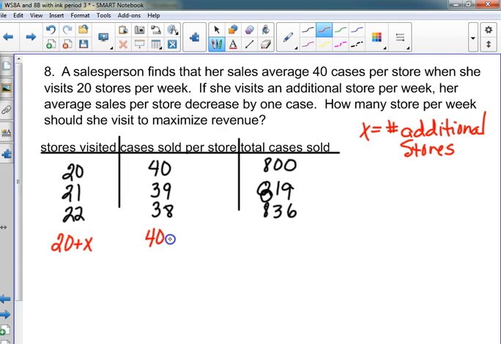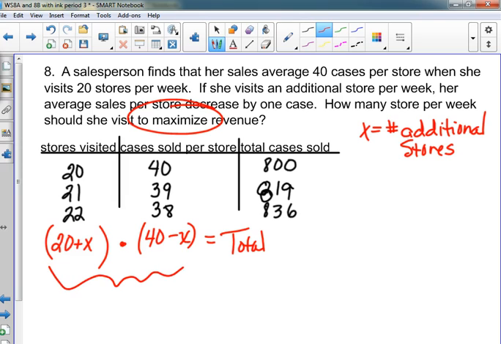And 40 is minus X. If I multiply those two things together, I get the number of cases, yes? And I get a quadratic, which is opening down because of that minus, so it has a maximum. We are trying to maximize the revenue, so we need to find the maximum of this.